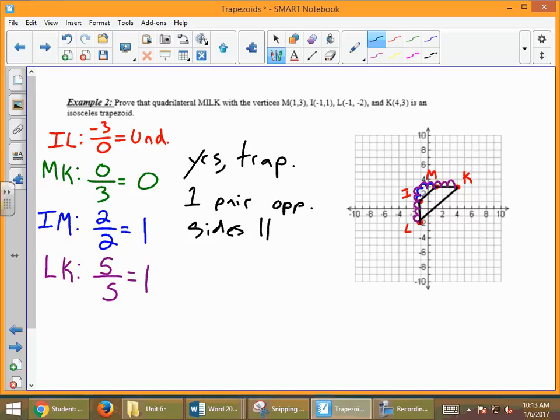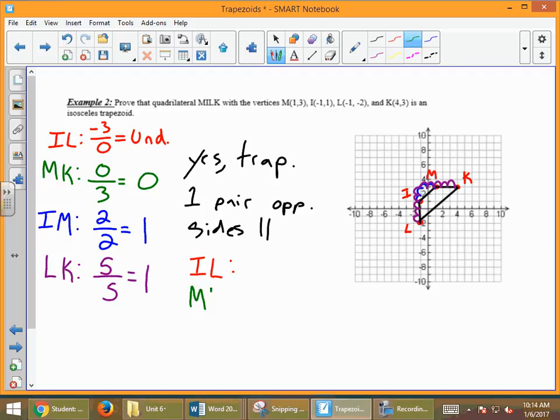So I have to look at IL and MK, these 2 right here, the red and the green. What's nice about these 2? They are perpendicular. Not only that, they're on the line. We can easily count how long they are. So we're going to figure out the distance of IL and MK.